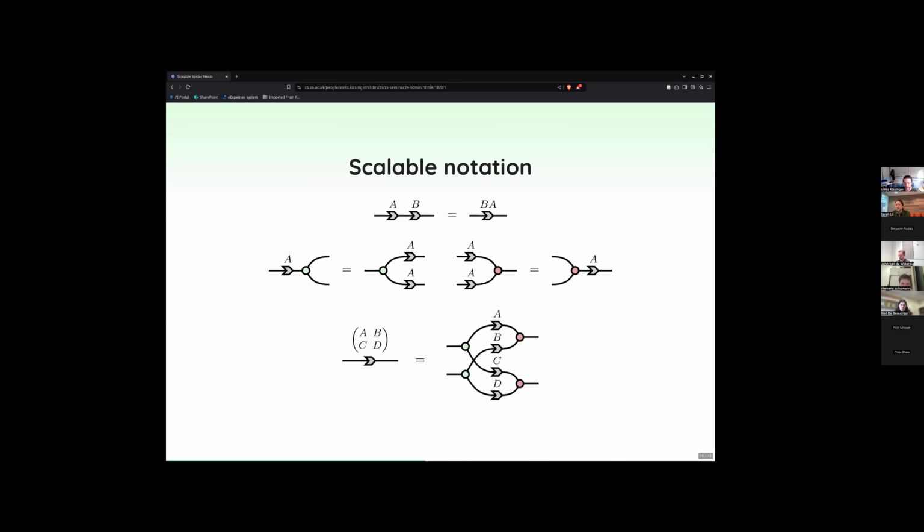Sorry, how do you transpose elements? Let's see.